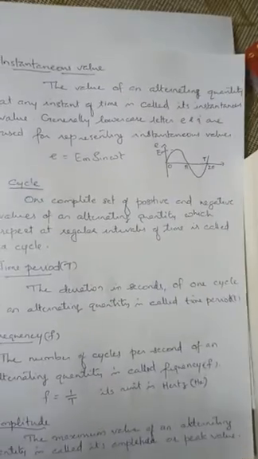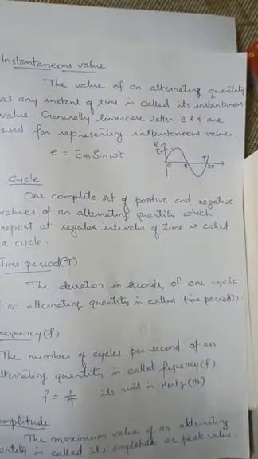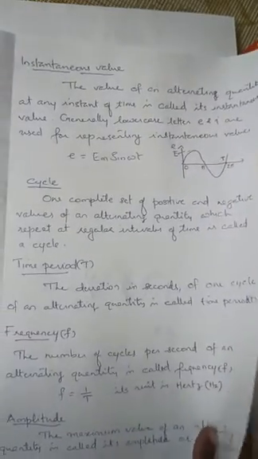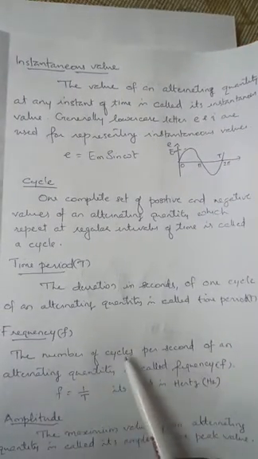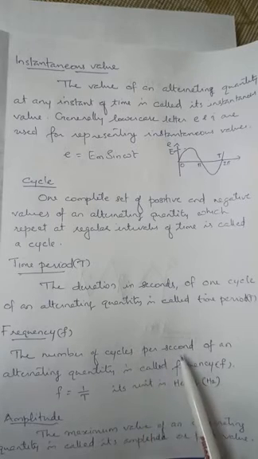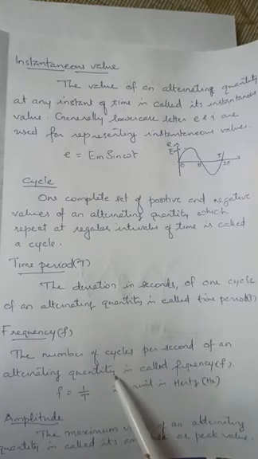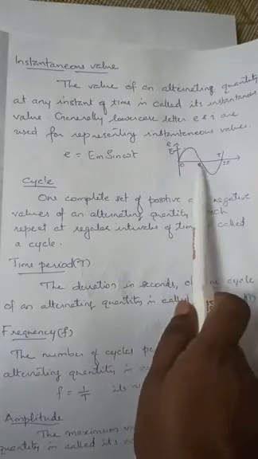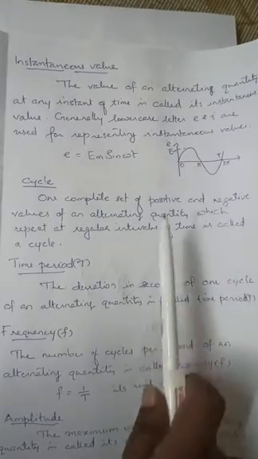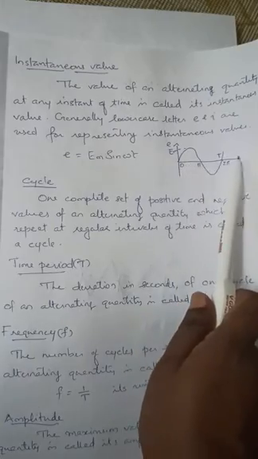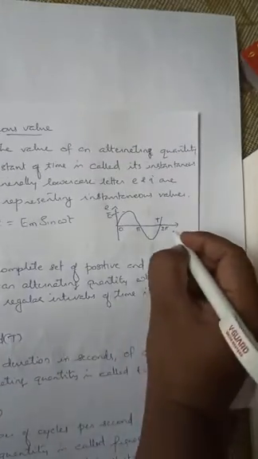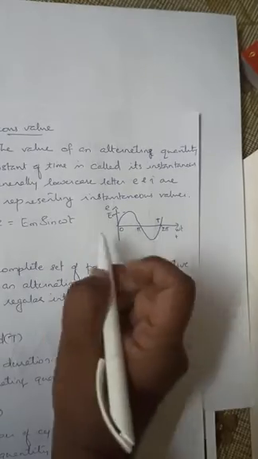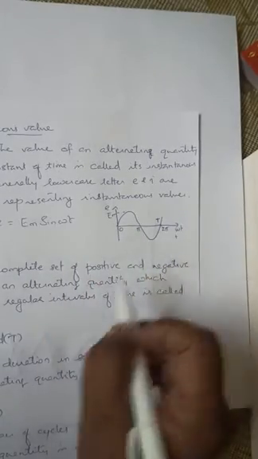Now coming to frequency, which is represented by f. The number of cycles per second of an alternating quantity is called frequency. On the x-axis, you can take omega t, or you can plot t as the abscissa.